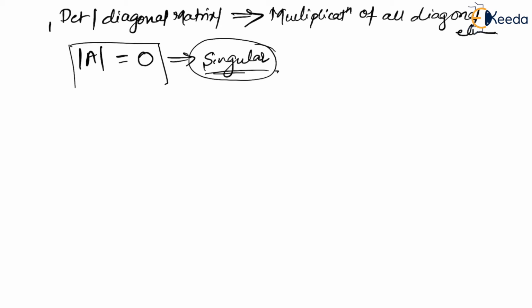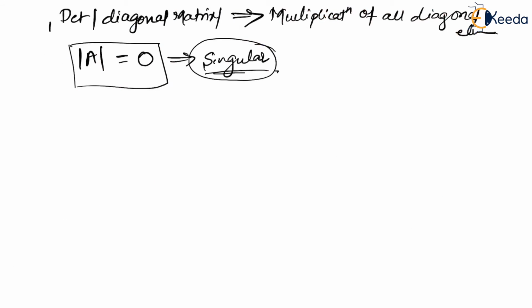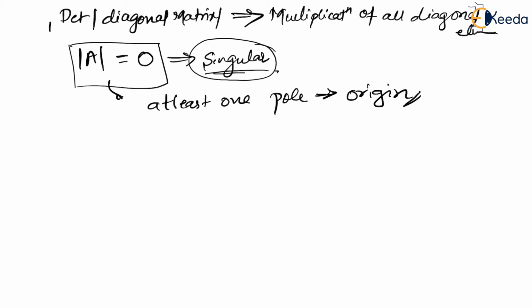So if mod of A is equal to 0, what can happen? Out of these poles p1, p2, p3 up to pn, at least one pole has to be 0. Or we can say one pole lies at the origin, right?